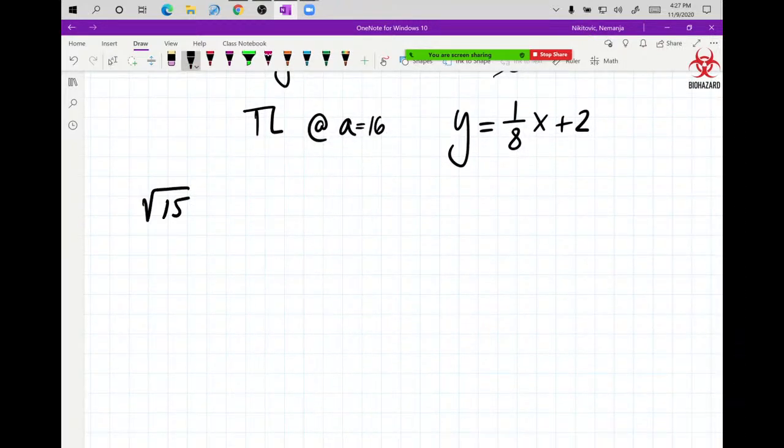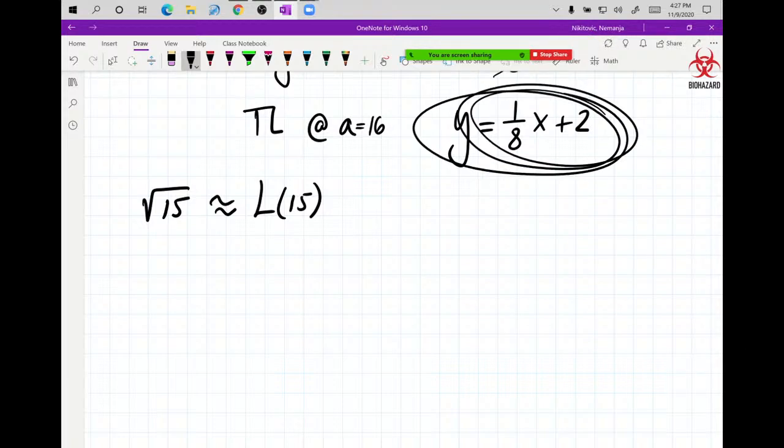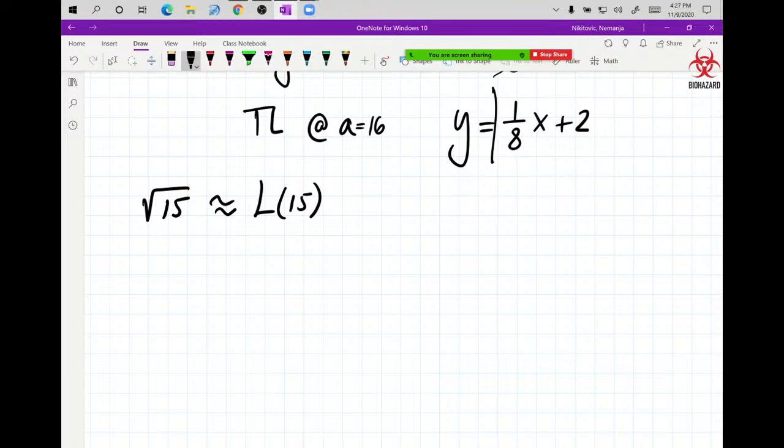Square root of 15 is approximated by L of 15. Now, this is your L, because this is a linear function. We'll define it very soon as L. So that's 1 over 8 times 15 plus 2.